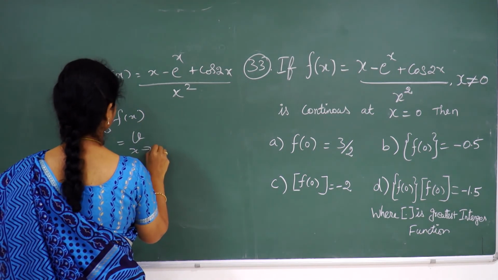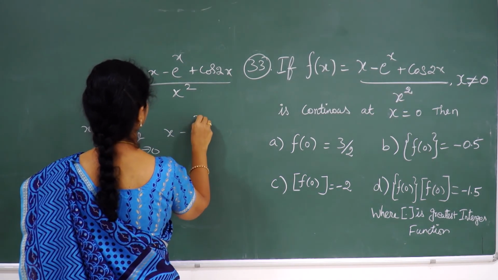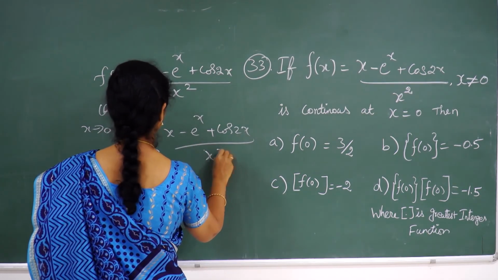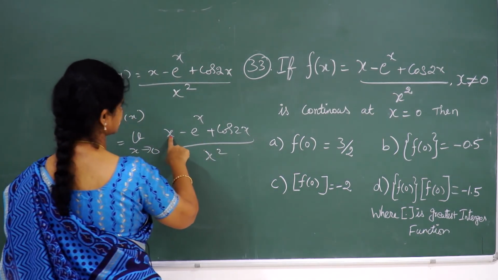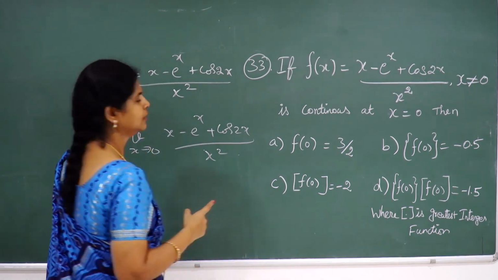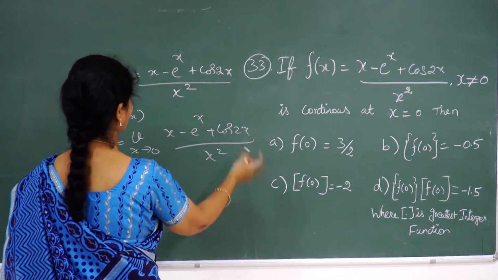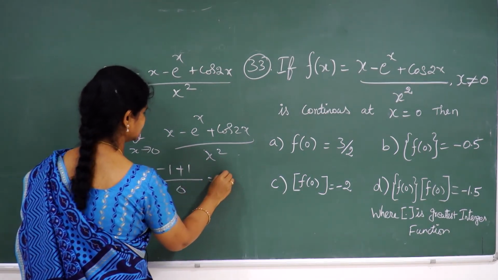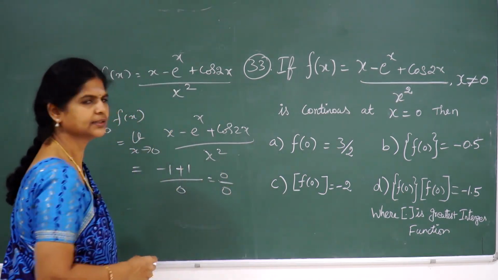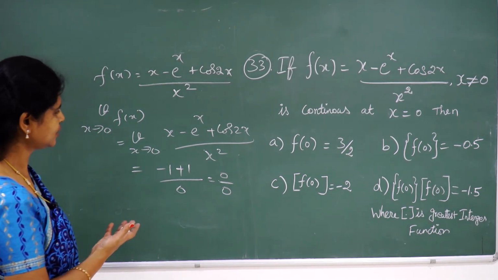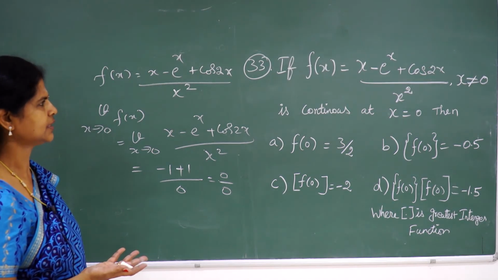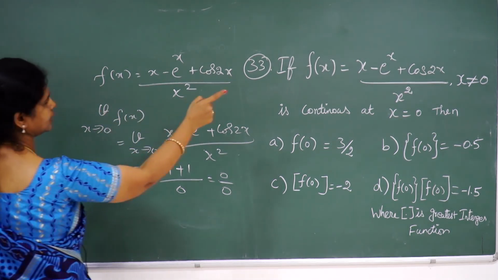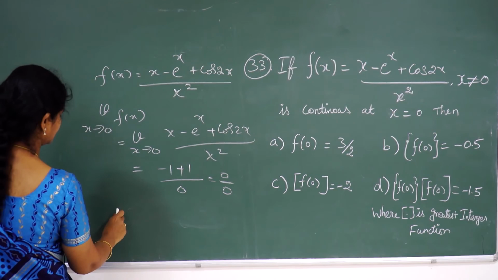When you apply the limit, you get 0, e power 0 is 1, and cos 0 is 1, so you get minus 1 plus 1 divided by 0, that is 0 by 0 form. Since you get the 0 by 0 form, you can apply the standard limits. Applying L'Hopital's rule, differentiate the numerator and the denominator separately.